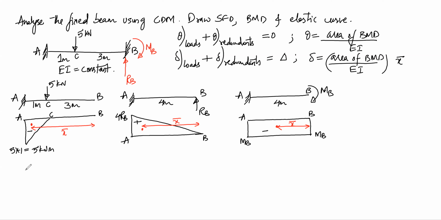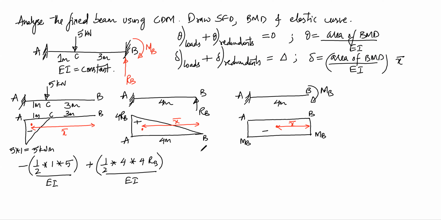So for the first BMD here, the area of BMD is minus half into, this is 1 meter, this is 3 meters, so half into base into height divided by EI, and for this it is plus, the base is 4 meters, area will be half into 4 into 4 RB divided by EI, and this will be minus 4 into, that is base into height, that is 4 into MB, which is equal to 0.